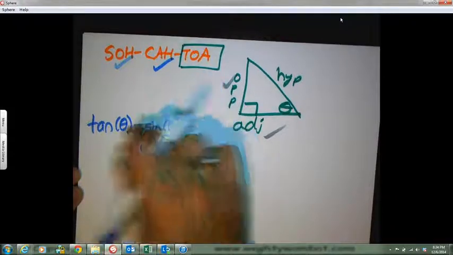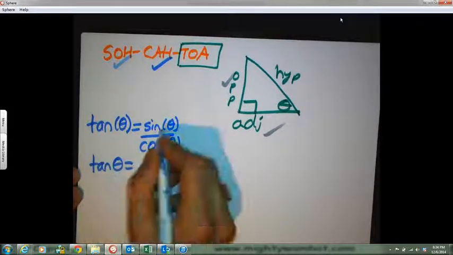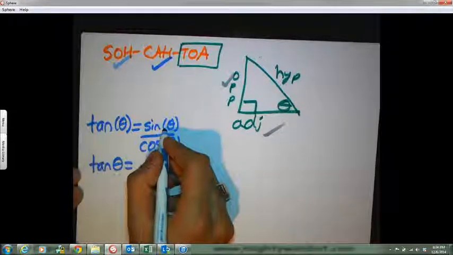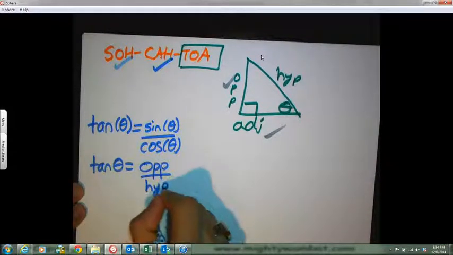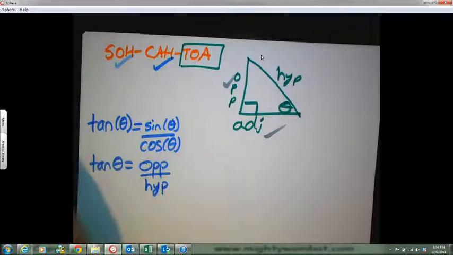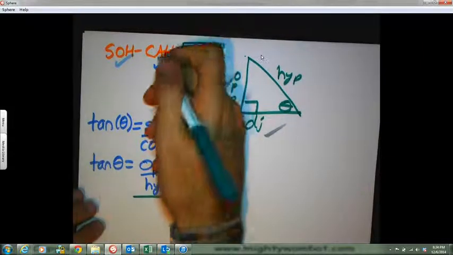Watch this. Tangent of theta equals sine. Sine is opposite over hypotenuse. Divide, what is cosine? Cosine is adjacent over hypotenuse. So I have one fraction divided by another one.